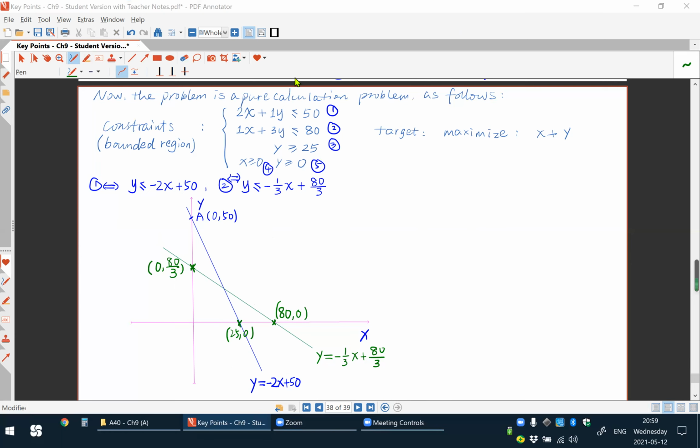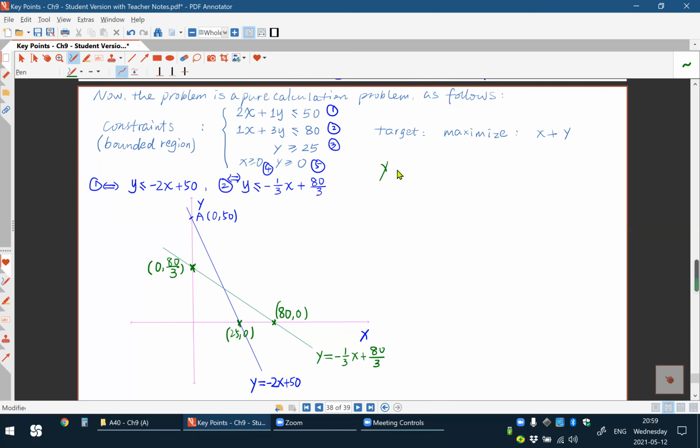No? Okay, next we need to draw y equal to or above 25, right? So y is 25, this should be a horizontal line, right? Could be here, here, here, or here, right? We do not know the relative position between this line and this intersection point here, right? Remember that we need to maintain all the relative positions.